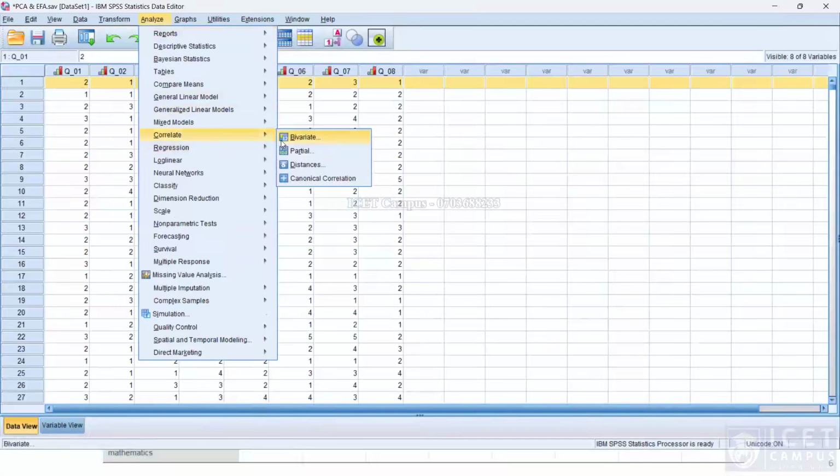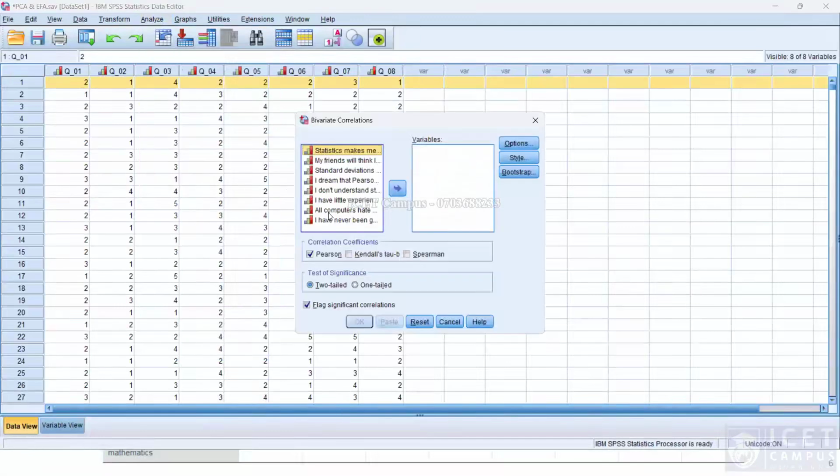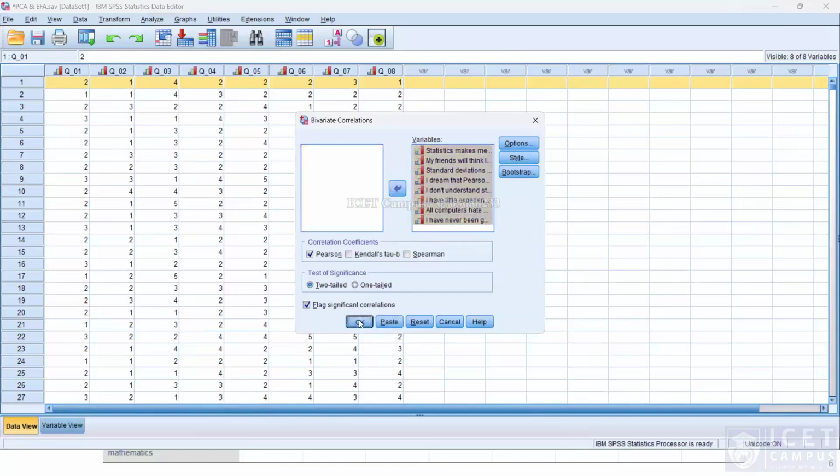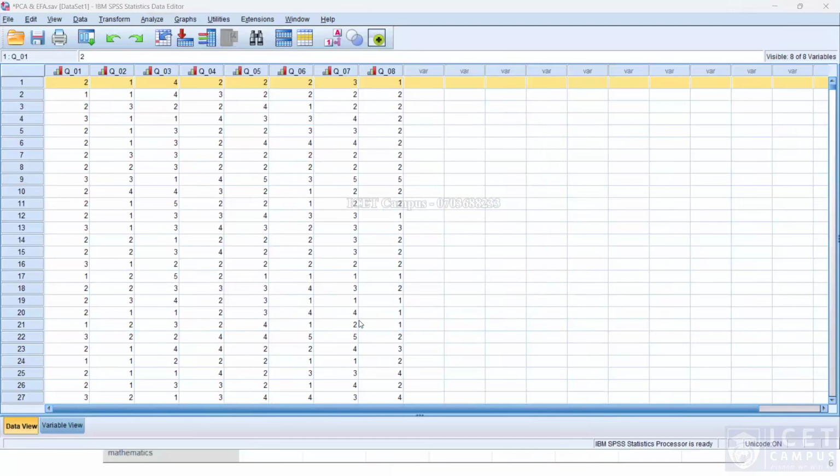Correlate, bivariate, and we can take all of these as variables. Then we can calculate the correlation. This is the output.